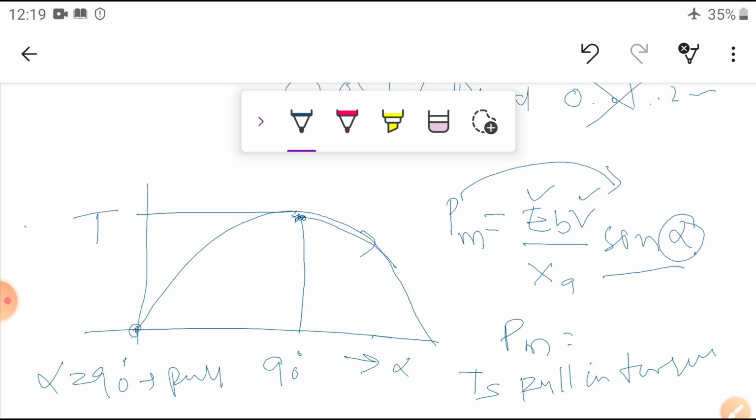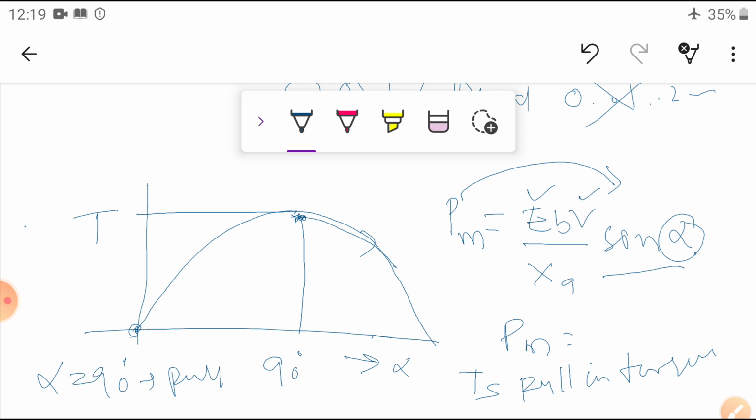What is the nominal pull in torque? It is the pull in torque at 95% of synchronous speed.